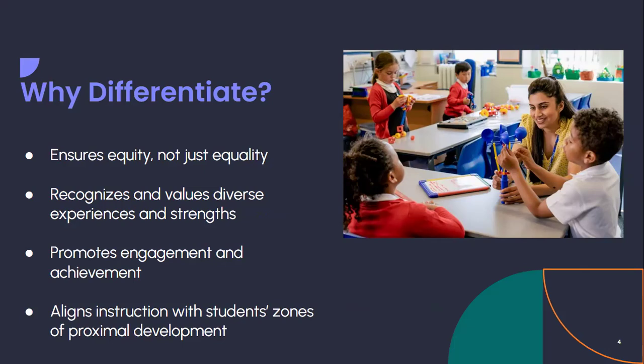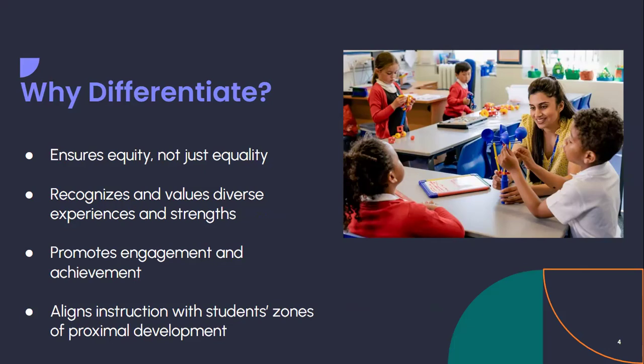So that's a very simple way to explain differentiation, but I hope that it helps you understand that just doing the same thing for everyone is not always the best choice. Yes, there are times where that is necessary, and we want to make sure that everybody's receiving the same rigor and the same content.